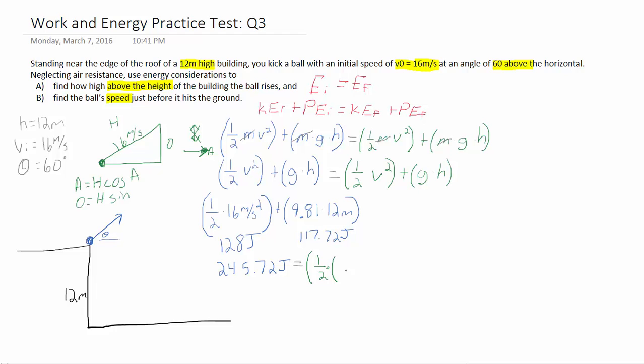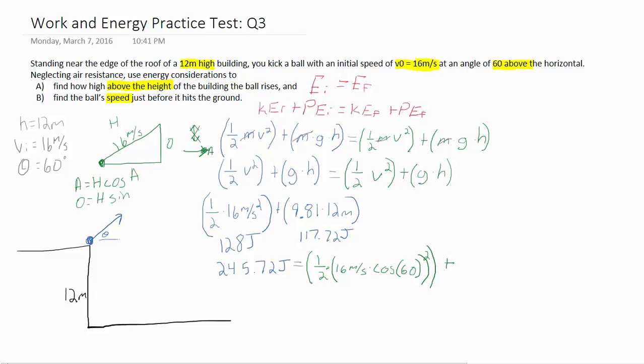So we can write that in here. So 1/2 times 16 meters per second times the cosine of 60. And then you don't want to forget to square this whole thing. And that'll be the first part here.